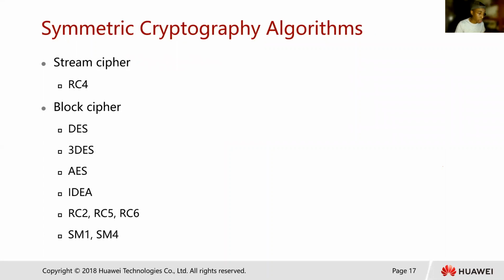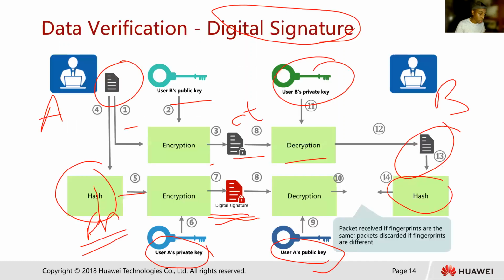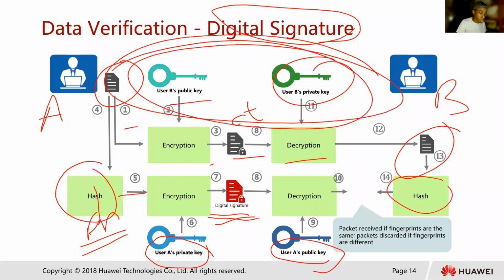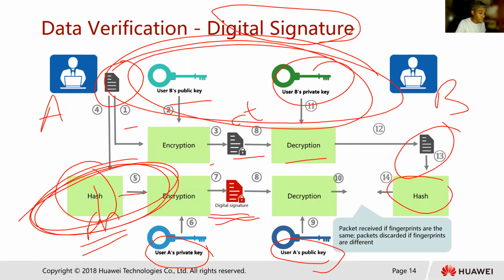Yes, when you look at digital signature, what is being used? The moment you see public and private key, just know that is asymmetric, right? It uses that. Here, it also uses another algorithm to do hashing, to create the digital signature.